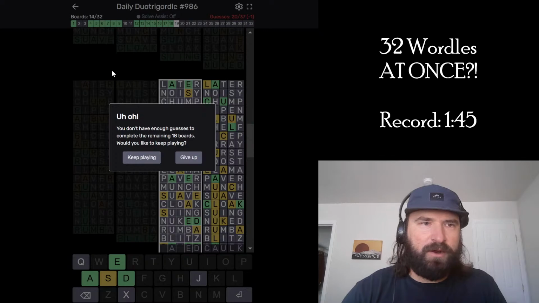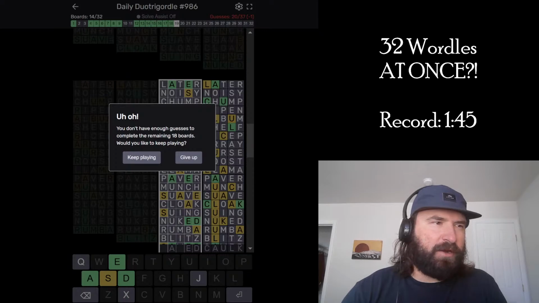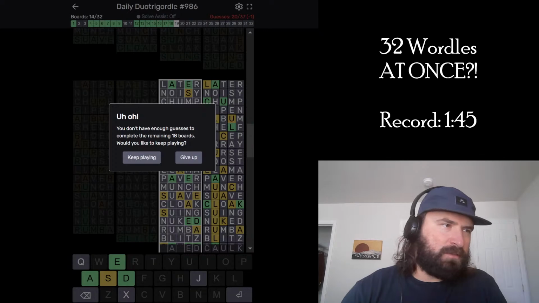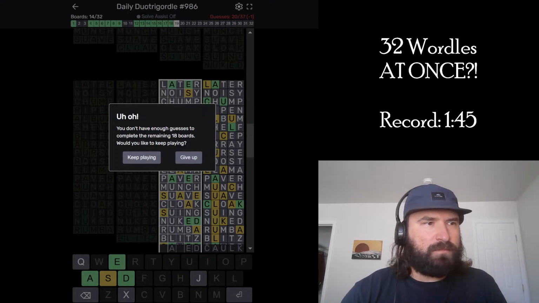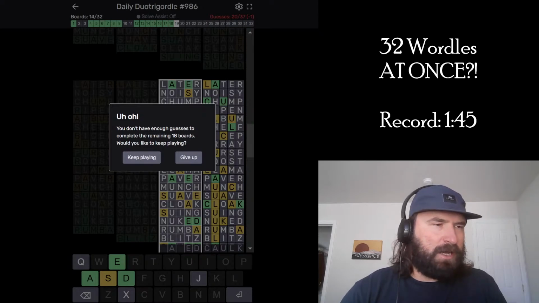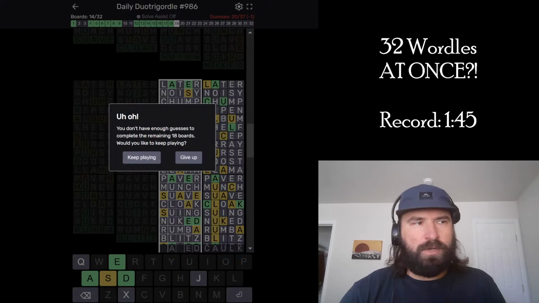There are slightly better ones probably. I think later is great because ER words are really scary, so you get that ER in there early. You get the possibility of an ER word out of the way, and then you get a lot of good consonants in. But it definitely works for me.